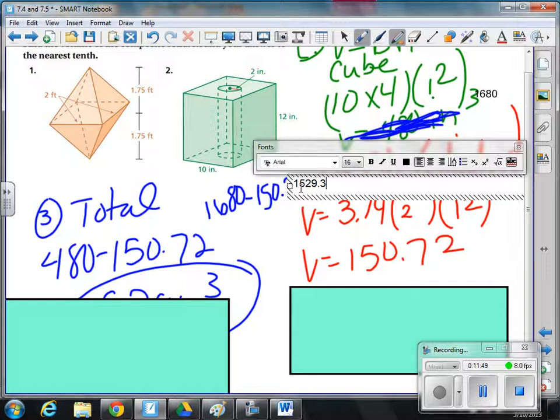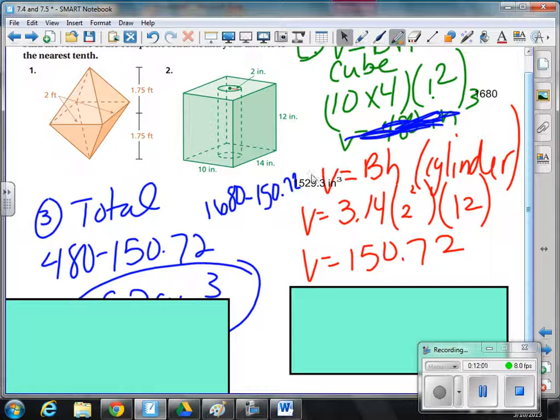What's our unit here? Inches cubed. So this would be our final volume for the shape. Okay, any questions, please ask.